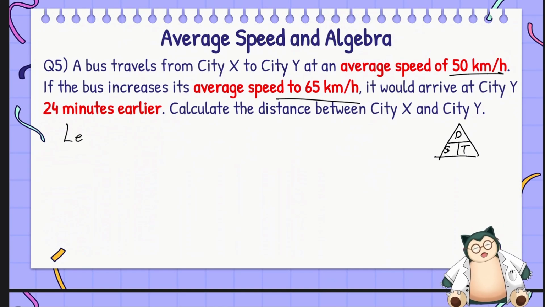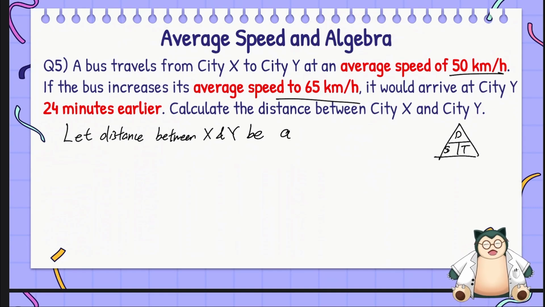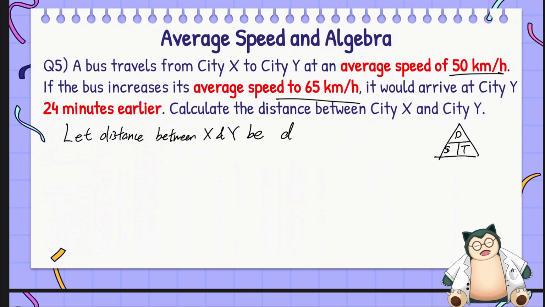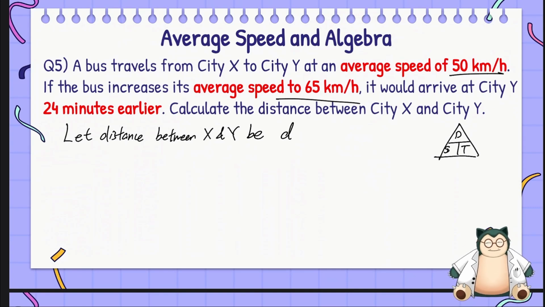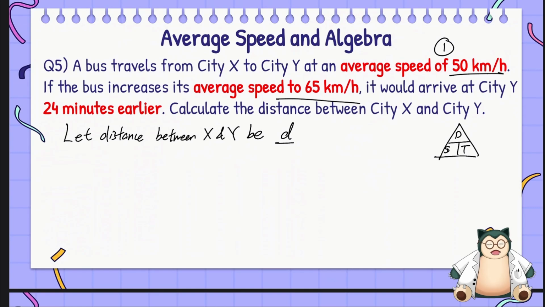So we first state that let the distance between X and Y be, let's say, A. Okay, maybe for distance, a better letter would be D. Okay, we want to find out this letter D, unknown D. Okay, for the first journey, the average speed of 50 km per hour.